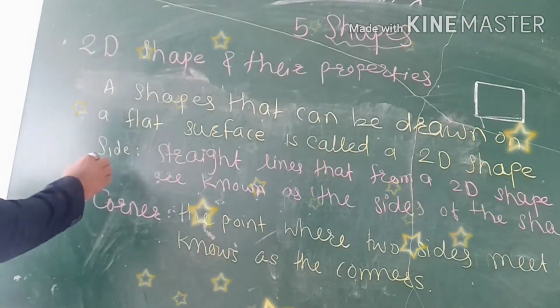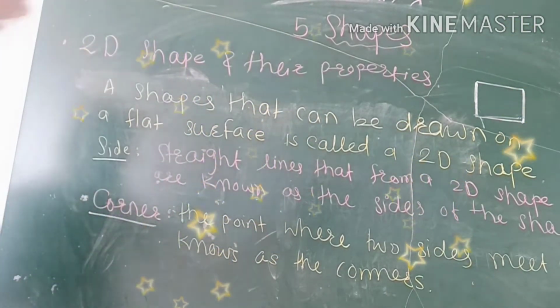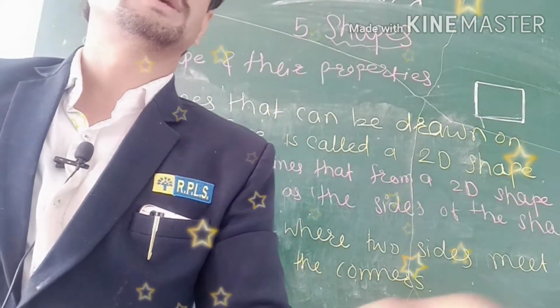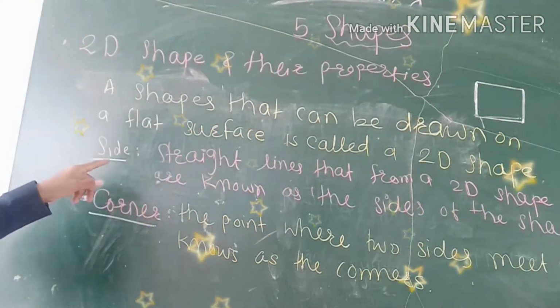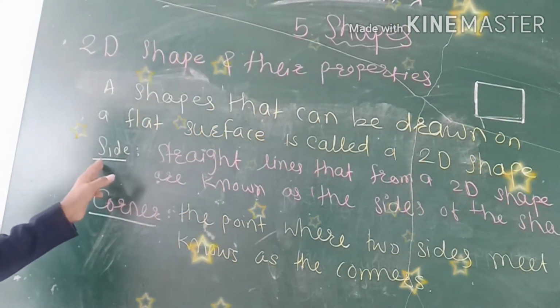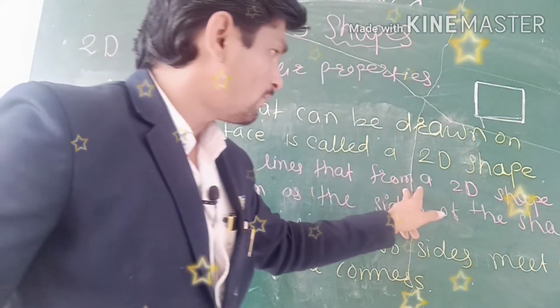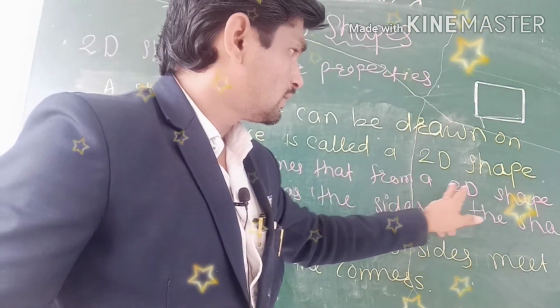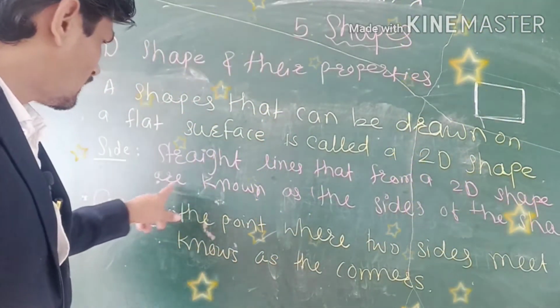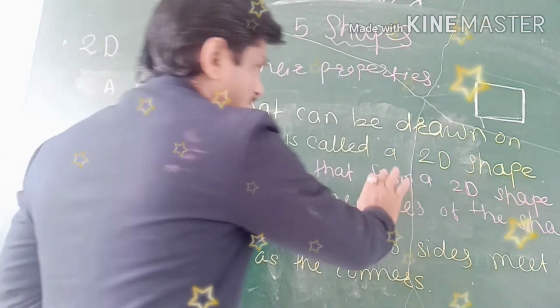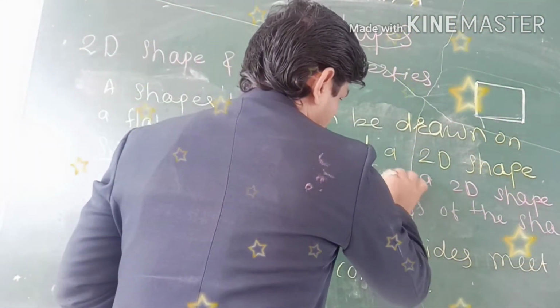In that we have to know about two things, the sides and the corner. What is meant by side and what is meant by corner?